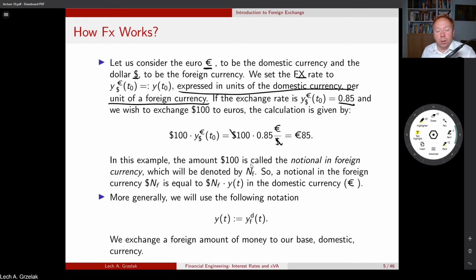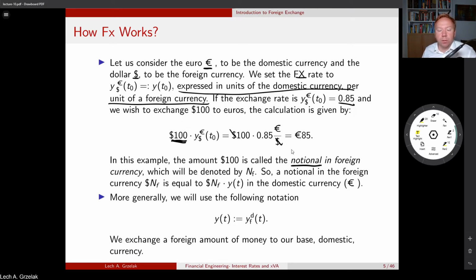It is important that in swaps and other interest rate products, we always talked about notional. Here, the notional would be $100, and we indicate this by input. So it's the notional in the foreign currency, because later we are not going to use dollars or euros anywhere. We will just be looking at F and D, foreign and domestic.